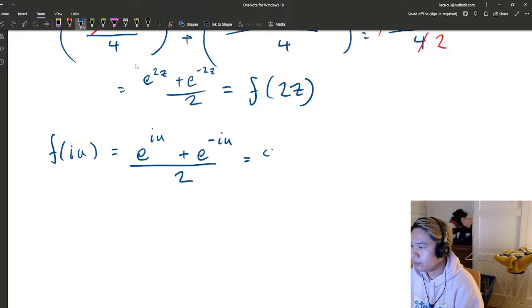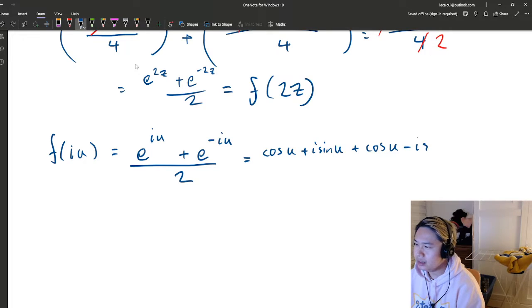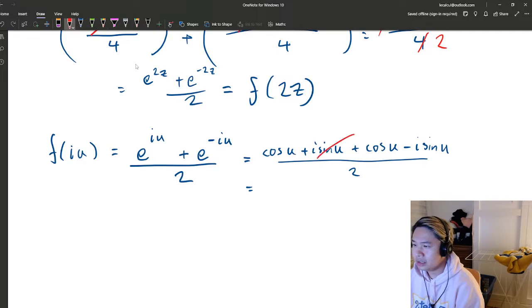So this is cosine u plus i sine u plus cosine u minus i sine u all over 2. And then cancel, cancel. And then you'll basically have a 2 cosine u divided by 2 when we add these together, and then divide. So this is just cosine u.